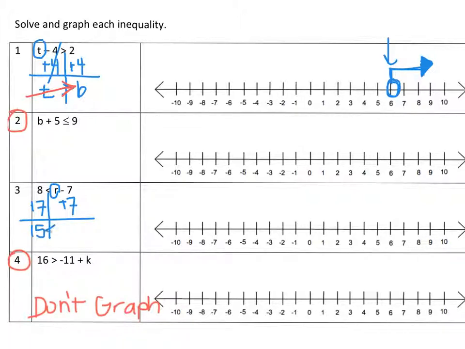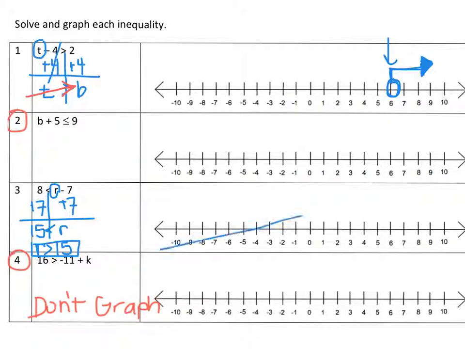I copy down my inequality sign, bring down the r, and I notice that I have a problem because my variable is not on the correct side. So I'm going to switch it so that r is on the left side, 15 is on the right. The arrow pointed to the 15, so my inequality is still going to point to the 15. So this is my answer for 3.